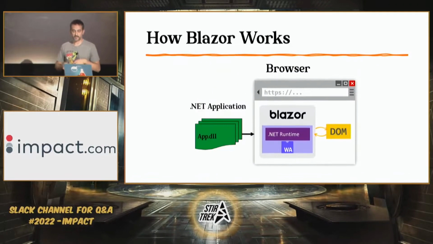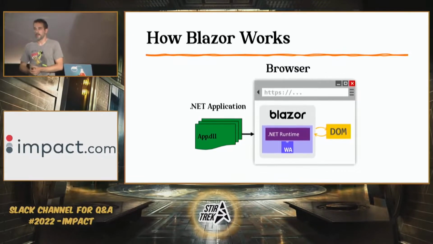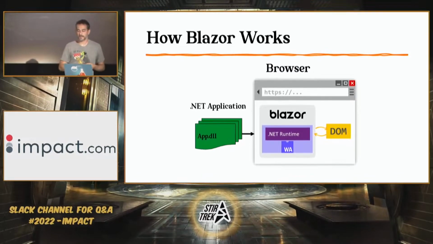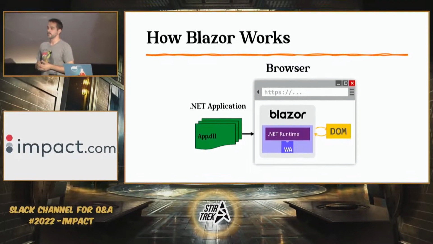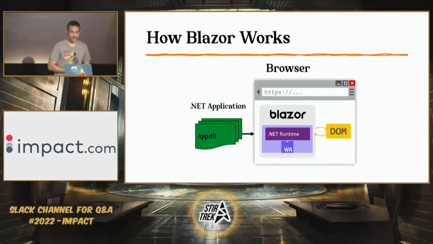And that's what Microsoft has done with Blazor. So they've compiled the .NET framework so it runs in the browser. That .NET framework runs our compiled .NET code, and it's using that WebAssembly-based runtime to run our .NET applications in the browser using this web framework called Blazor.